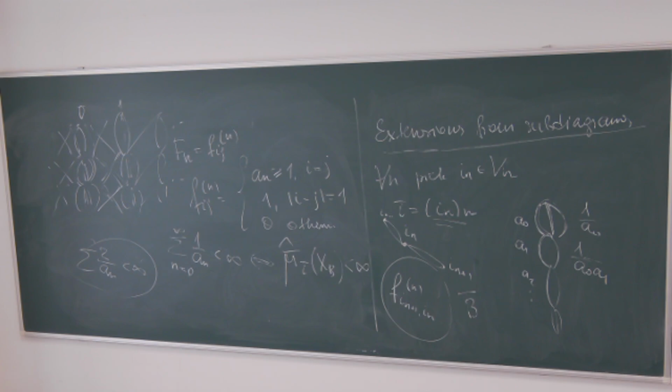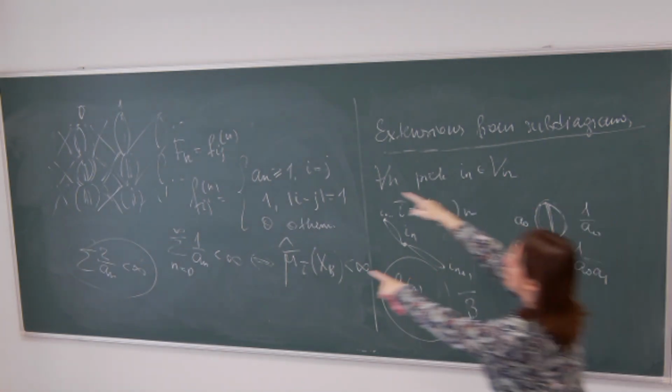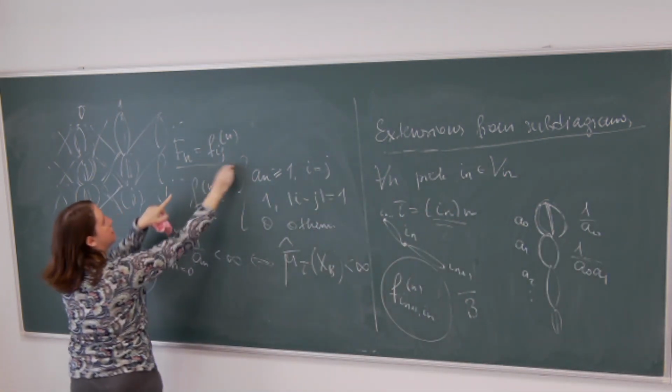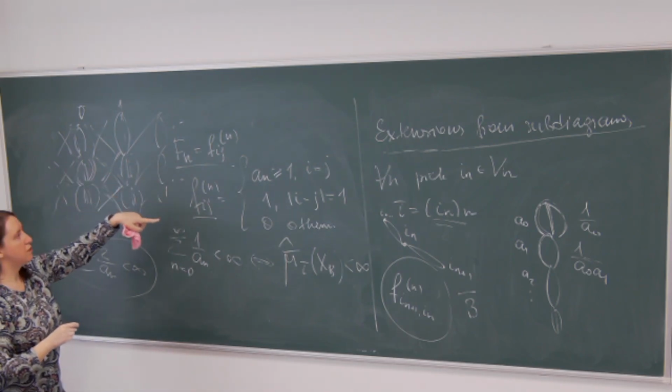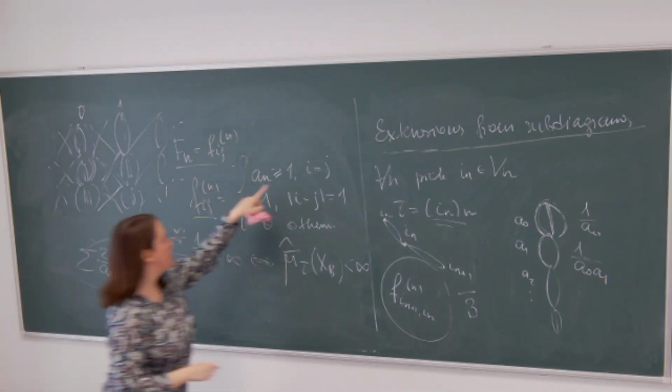So when you say this condition, it's not a condition on the diagram, right? It's a condition on the formula. Oh, because it's stationary. I see. Okay. So it's horizontally stationary. Right. It's not vertically stationary, of course.